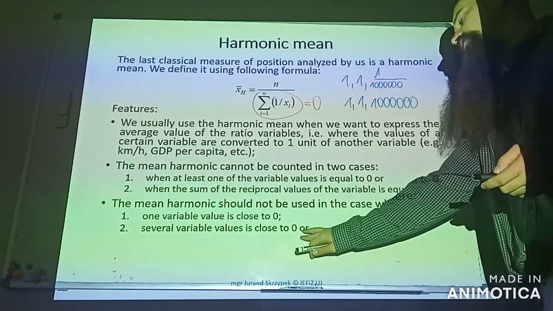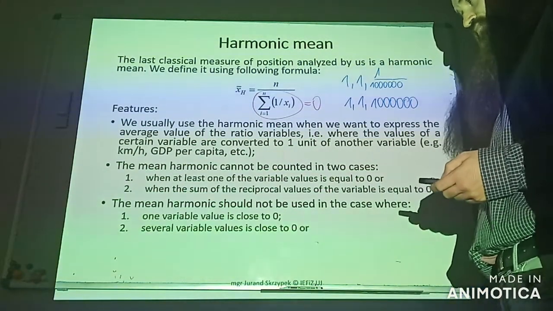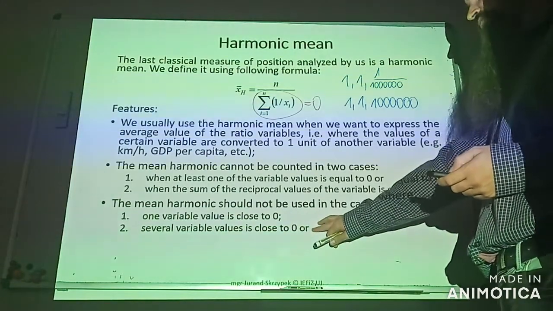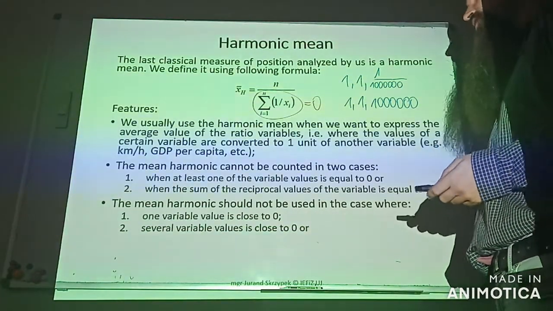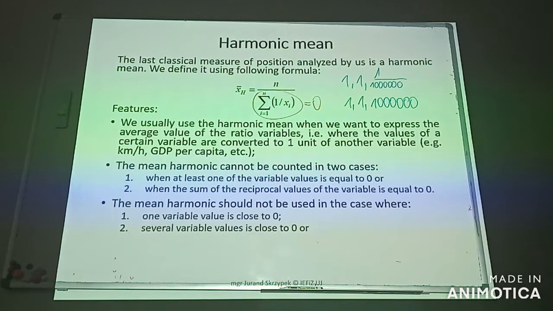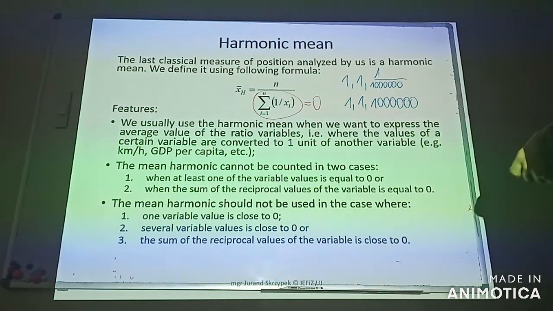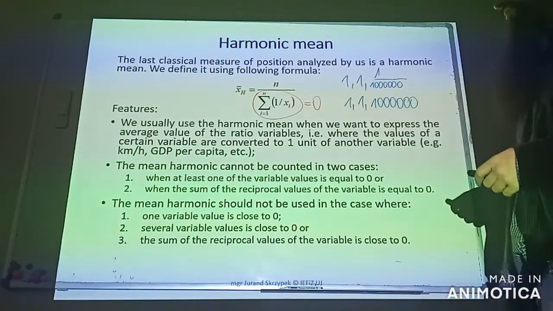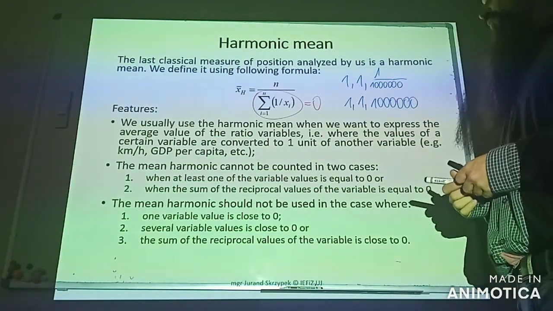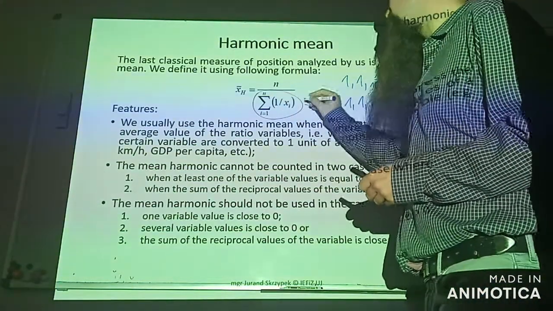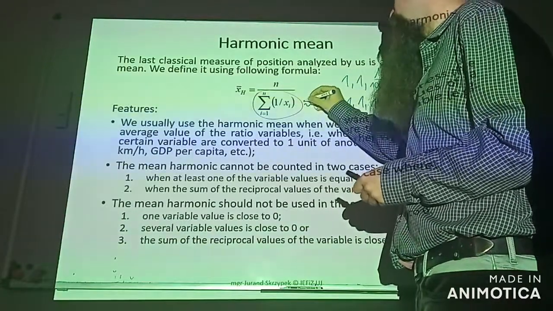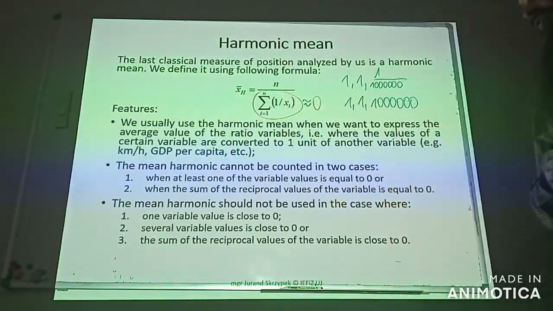Of course, we can also find the situation when several values are close to 0, and the situation when the whole sum is close to 0. In those cases we shouldn't use the harmonic mean.